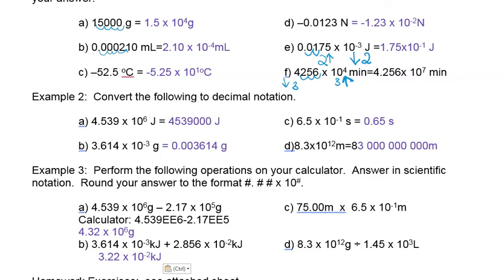So the answers here, just going to put them on this display. So you can do each of them and check that you're getting the right answer.